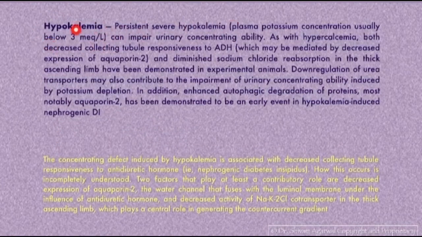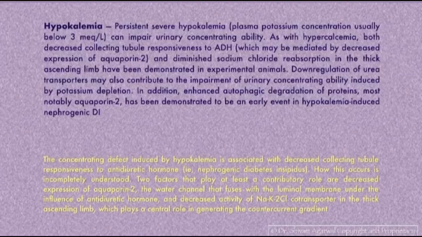Hypokalemia, that is less than 3 milliequivalents per liter, will impair the urine concentrating ability, as will hypercalcemia. The mechanism is that both of these decrease the collecting tubule responsiveness to ADH. ADH inserts the aquaporins inside the collecting duct and helps reabsorb water.